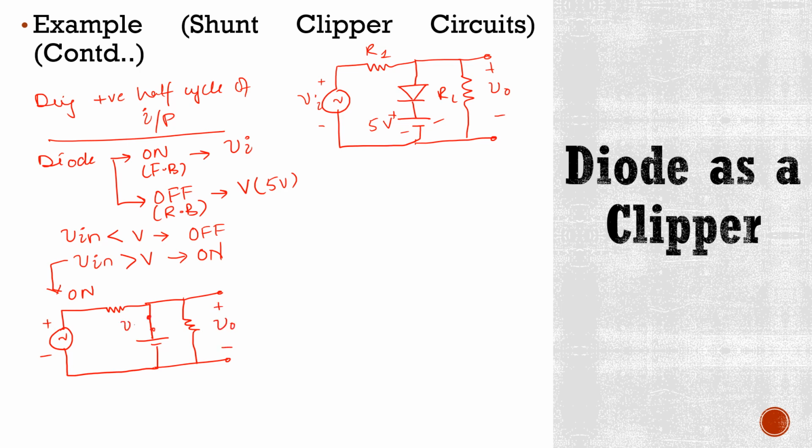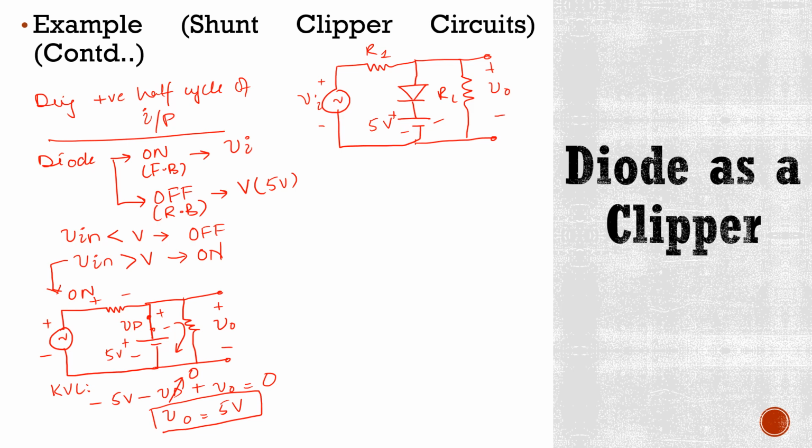Here we have VD, plus, minus, and 5 volts, plus, minus. Now if we apply KVL in this loop, our equation will be minus 5 volts minus VD plus V naught is equal to 0, and in case of an ideal diode this VD is 0. It means here V naught is equal to 5 volts during the positive half cycle of the input signal, when Vin is greater than V.